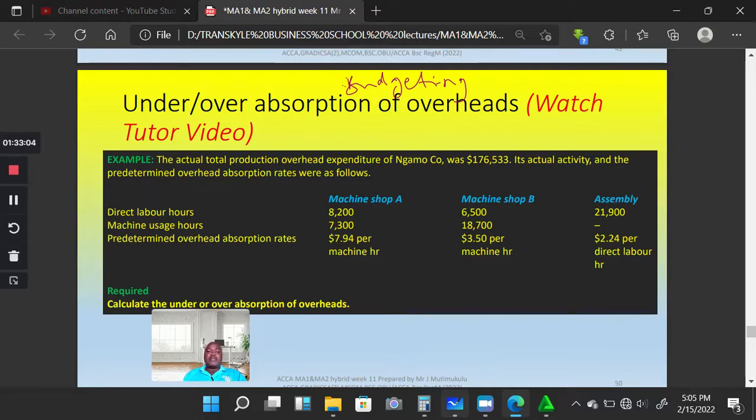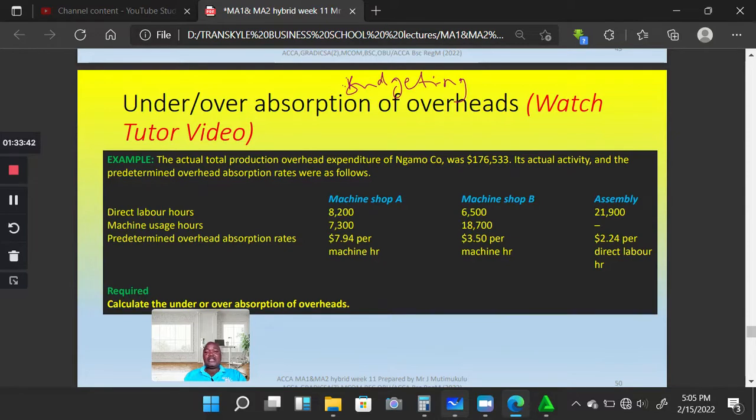Budgeting is about estimating, and it's very rare to estimate exactly what is going to happen. So you discover that the actual results will differ from the planned results. That discrepancy is going to be under or over absorbing of overheads.